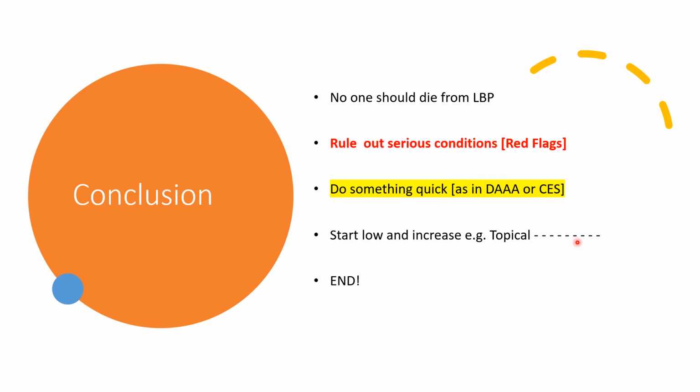Then we go for steroids injection, or we move further to physiotherapy or physical therapy. Then we can go for antidepressant, duloxetine or amitriptyline, and then referral to spinal surgery. So with that, I come to the end of this presentation as per low back pain.